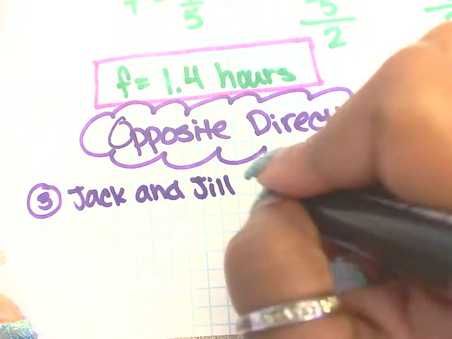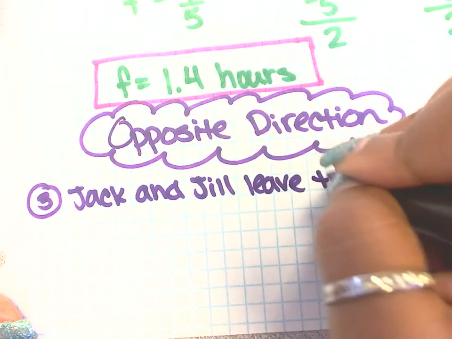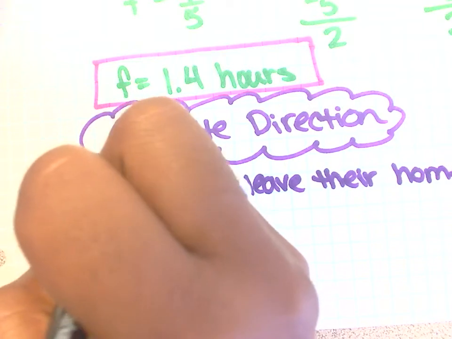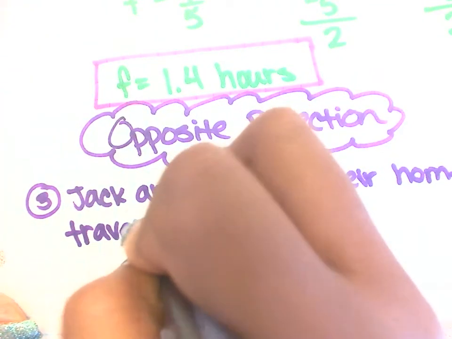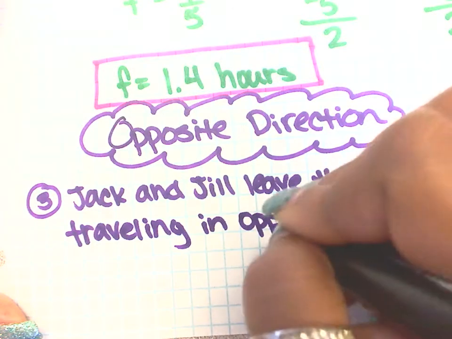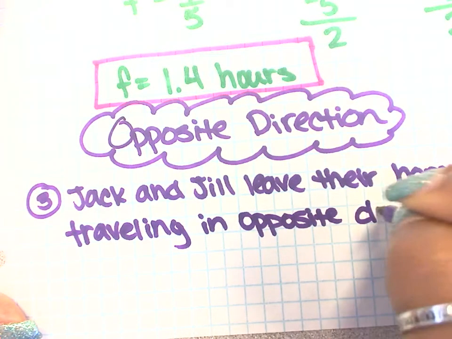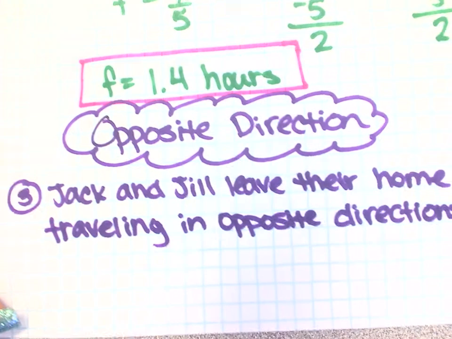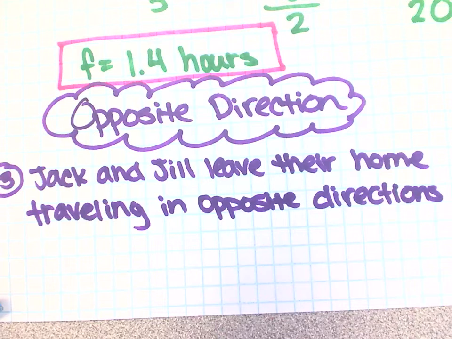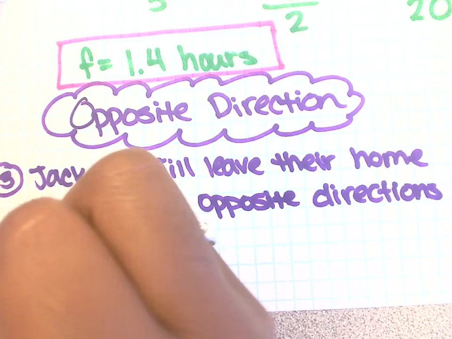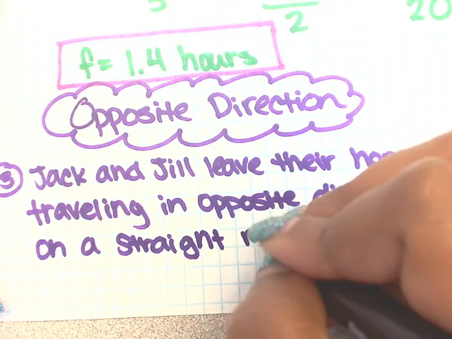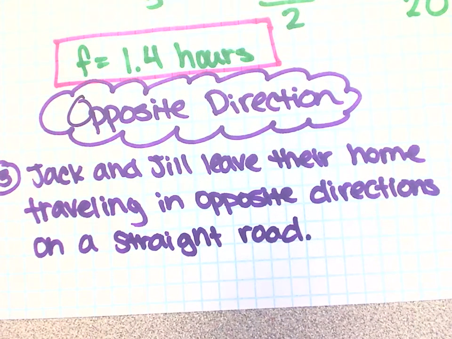Jack and Jill leave their home traveling in opposite directions on a straight road. The road's not windy, it's straight. They leave their house, opposite directions, but on a straight road.